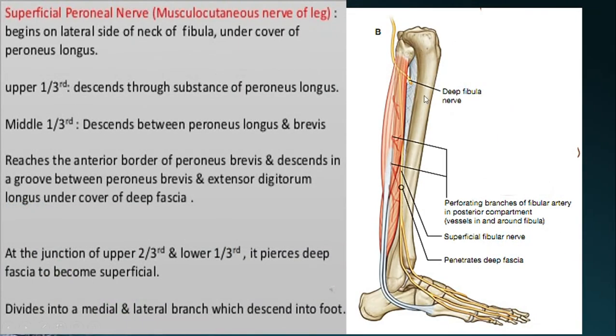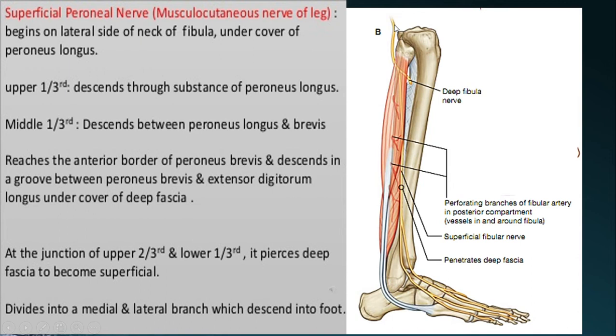So talking about the nerve supply of the lateral compartment of leg, it is the superficial fibular nerve, also called the musculocutaneous nerve of leg. This nerve is going to arise from common fibular nerve, and we know that the sciatic nerve at the superior angle of popliteal fossa is going to divide into common fibular and tibial nerve.